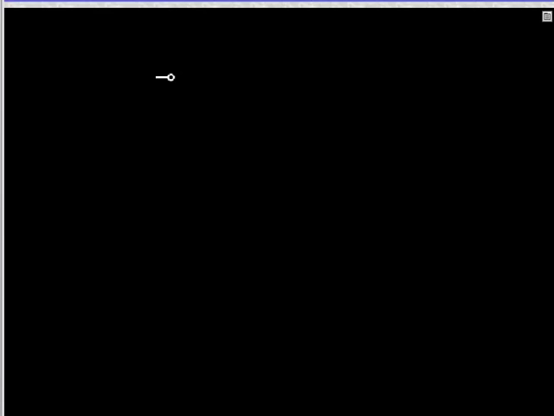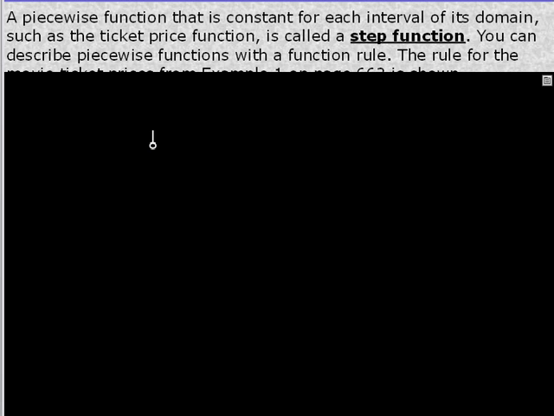A piecewise function that is constant for each interval. In other words, the equation is just going to be y equals k, where k is some number, such as a ticket price. This is an example in the book. It's called a step function. So instead of having equations for each piece, you have basically y equal to a constant.